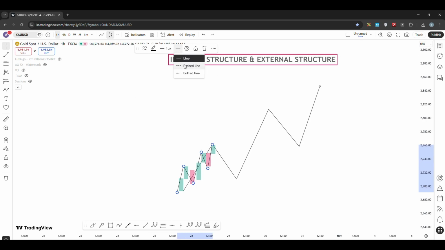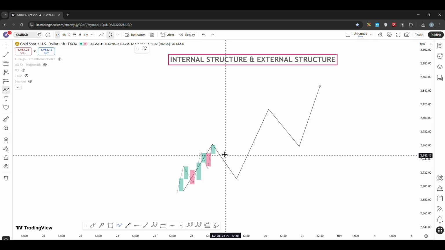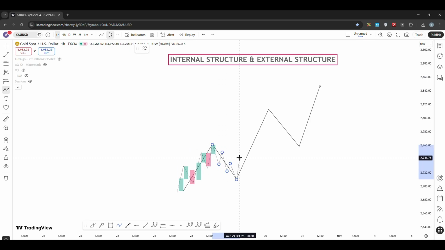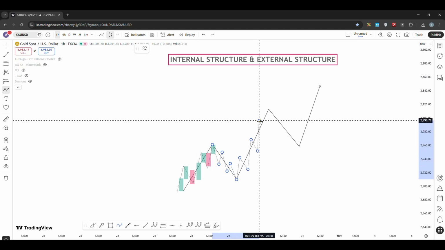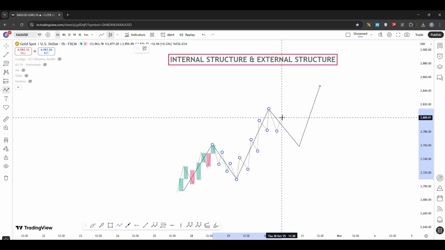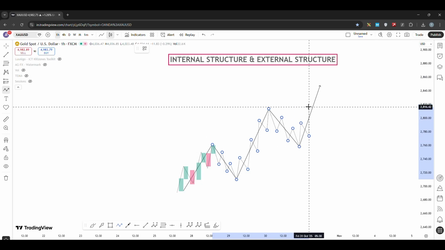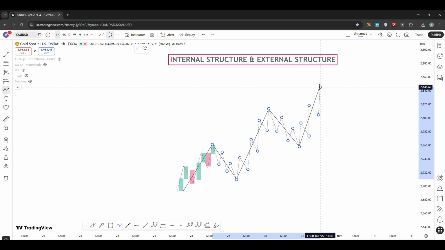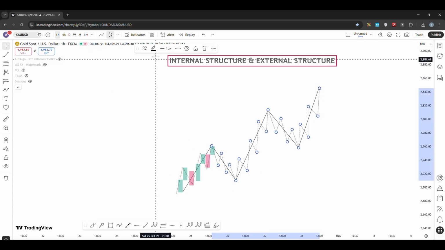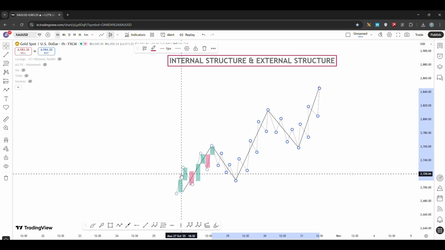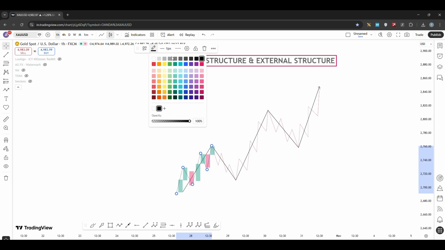The same thing can be seen when the market is coming down. Here also you will see things like that. Once again, here also you will see things like that. This is how the market actually moves, right? Here you will see things like that, and once again you will see internal structures like this. So actually this is how the market propagates. The market does not move in one single direction in a straight line, right?